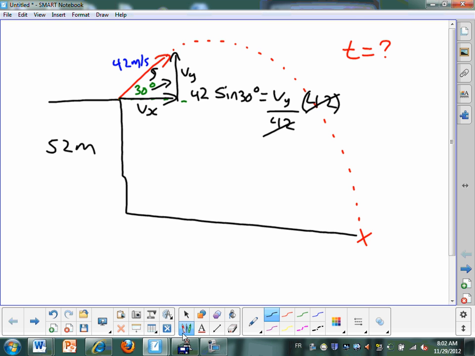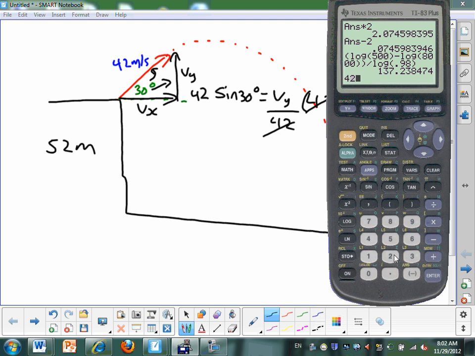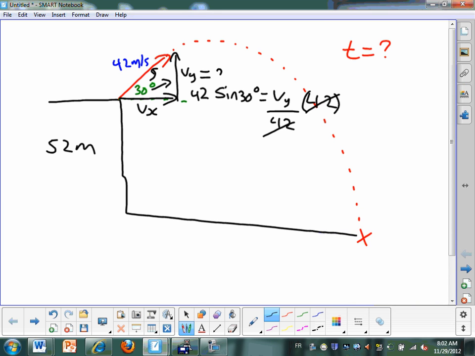And let's see what that is. 42 sine 30 ends up being 21. So the velocity in the y direction is 21 meters per second up.